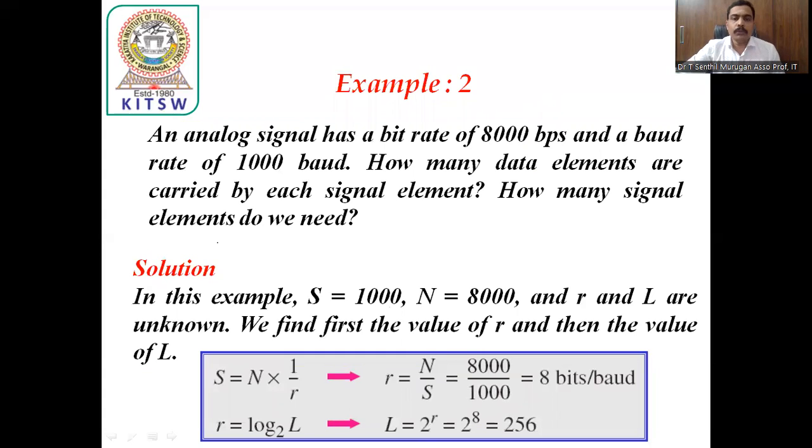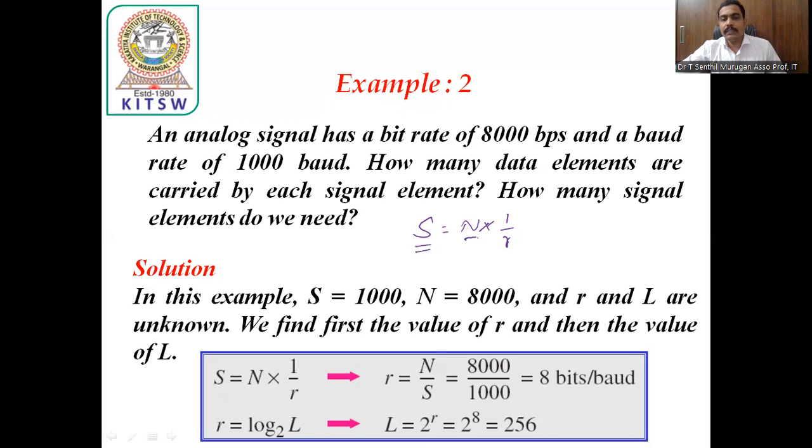In example 2, an analog signal has a bit rate of 8000 bits per second. The bit rate is given, so N equals 8000, and baud rate is equal to 1000. What is the formula? Already we know that S equals N into 1 by R. Here S value and N value are given.